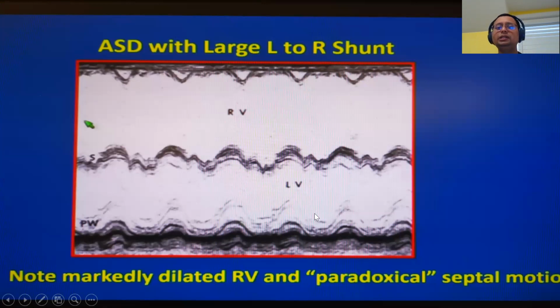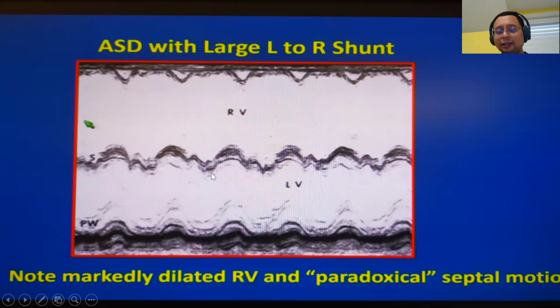So what is the differential diagnosis when the right ventricle is larger than the left ventricle? Either this is a pressure overload or a volume overload. How do I know which? Remember that in pressure overload, the interventricular septum will be flat in either systole or diastole.